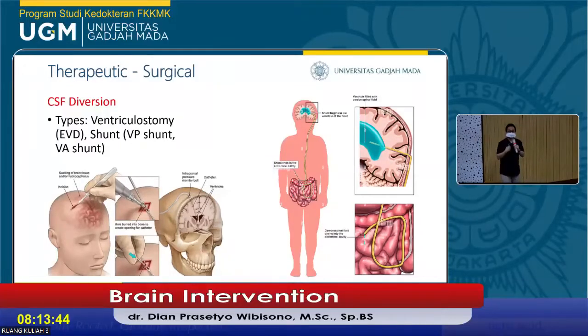Atrial means the right atrium of the heart. Or if you use pleura, we call it ventriculopleural shunt. So it depends which potential space we use to divert the CSF. It is done in hydrocephalus cases.